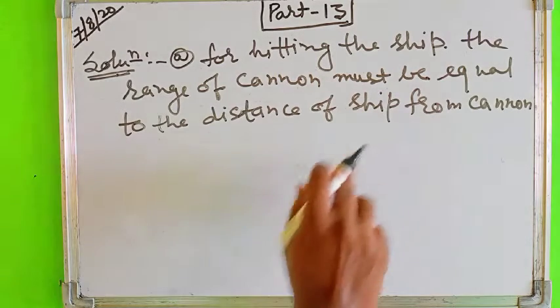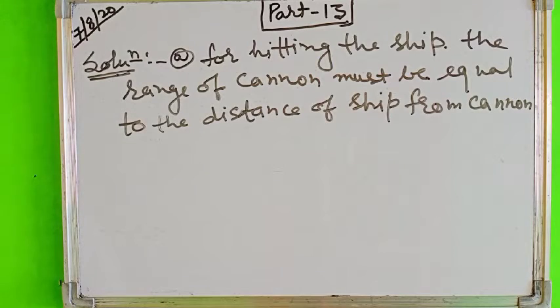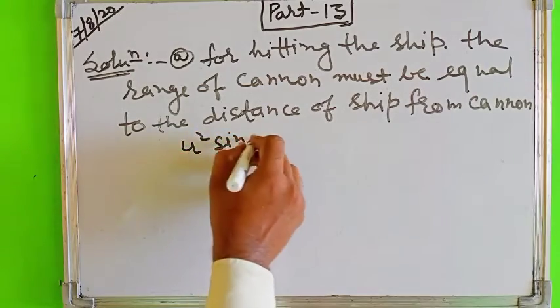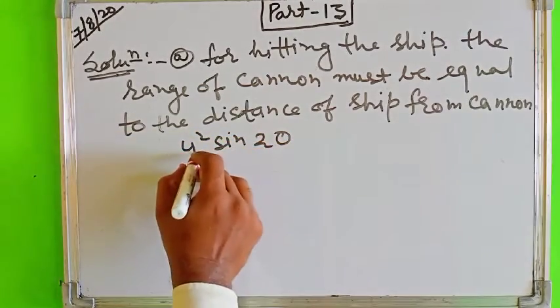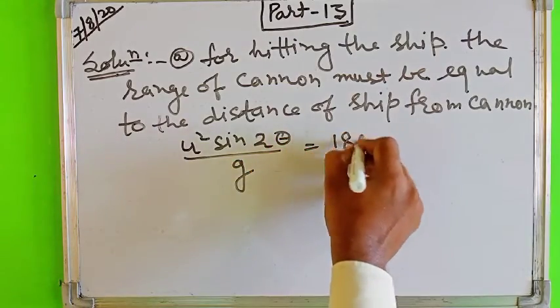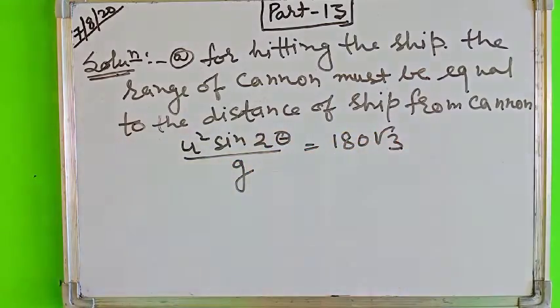The distance of the ship from the cannon is given as 180√3. So u square sine 2 theta upon g is equal to 180√3. The range is 180√3.